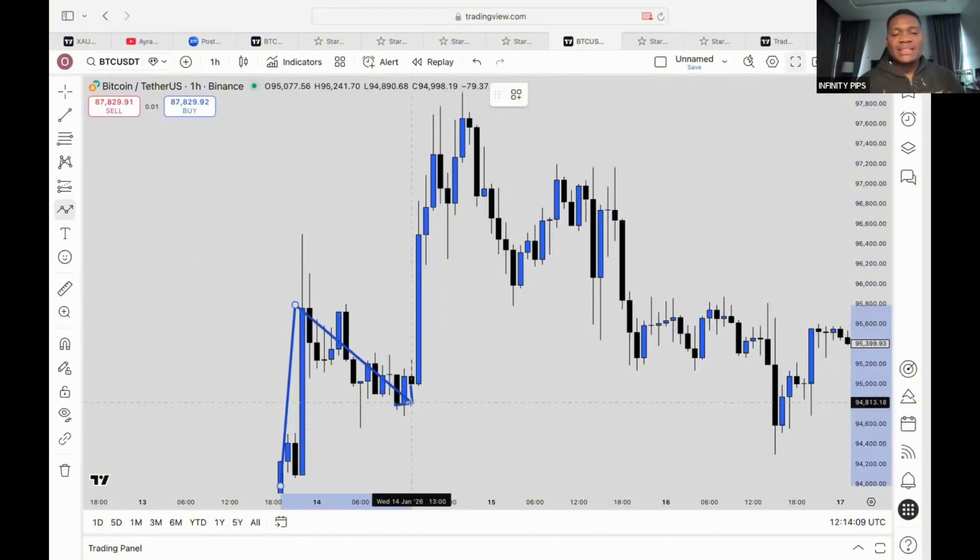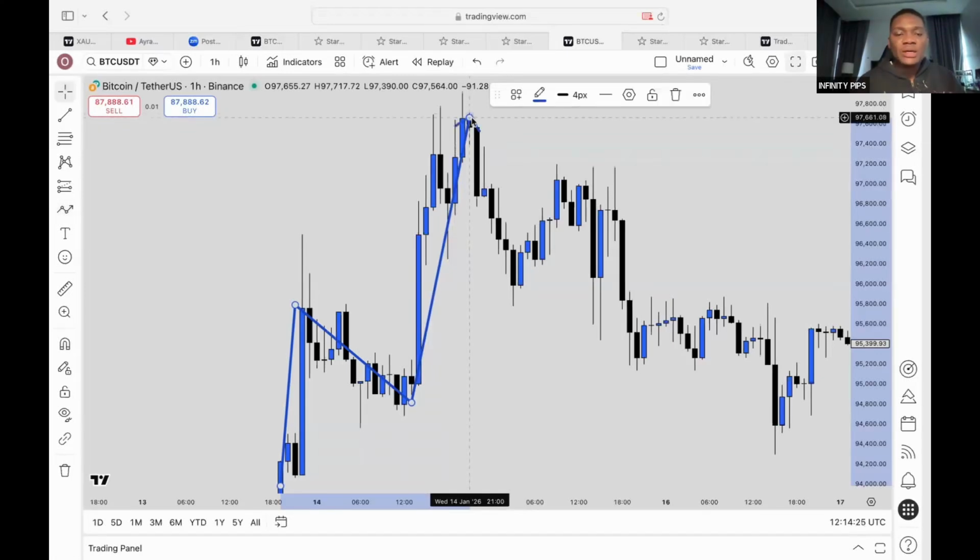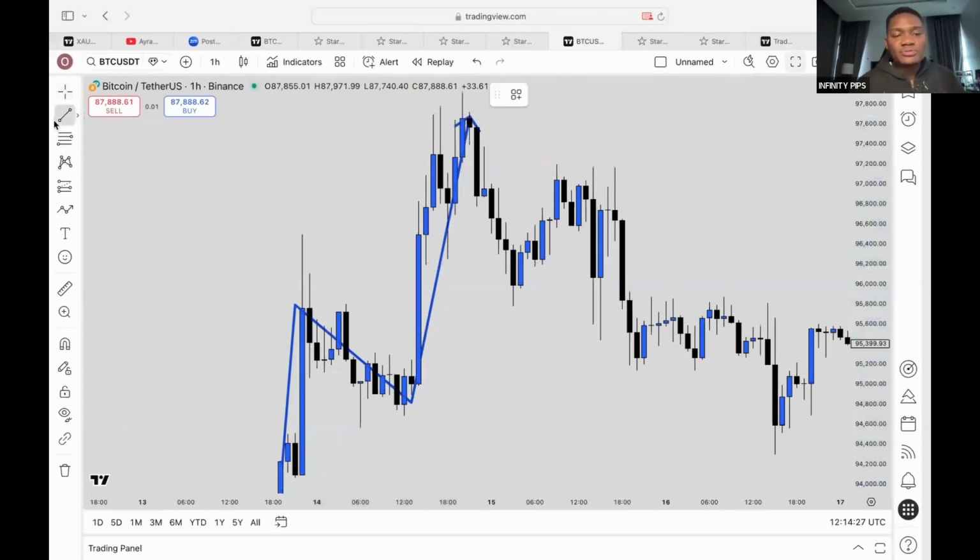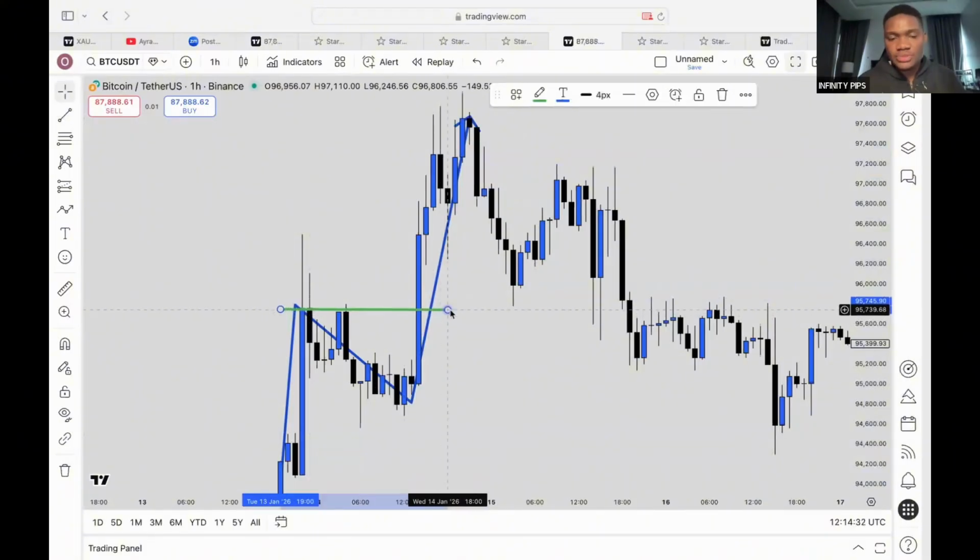Now, when the market came back up, it broke the previous high and shot up, right? When it shot up, this area that it has broken, we will say that it has broken structure, right?